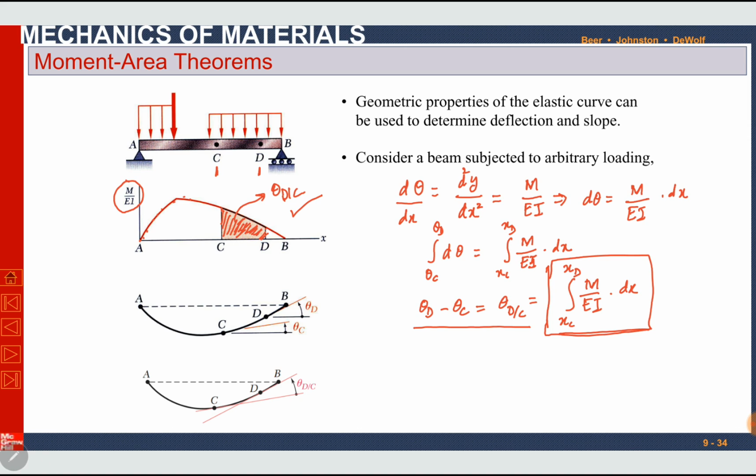Here we can see the slope of the line at point C and the slope of the line at point D. The slope at point C has an angle of theta C, and the slope at point D is theta D. So this is theta DC. This is called the first moment area theorem.